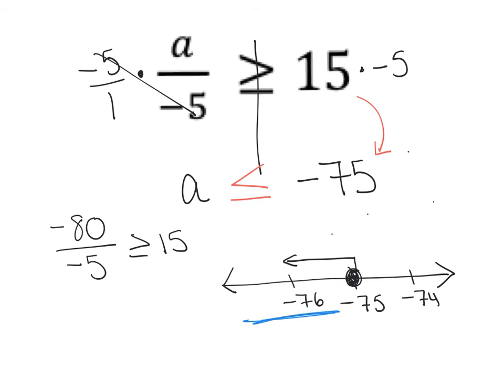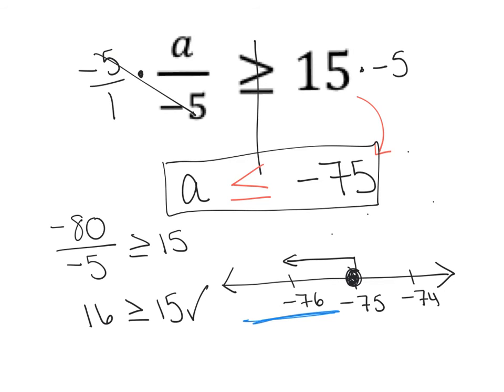If I do that, I would get 16. 16 is greater than or equal to 15. So our final answer, a is less than or equal to -75, is correct, because the further you get into the negatives, the greater the negative is, but when you divide it by that -5, it's going to make it a bigger positive number.